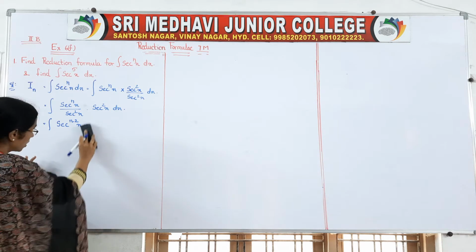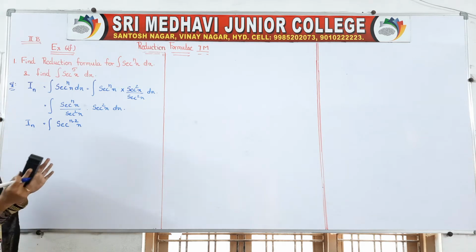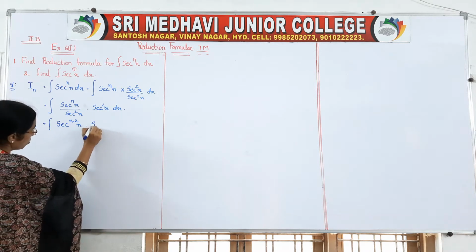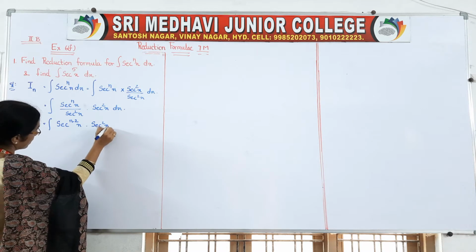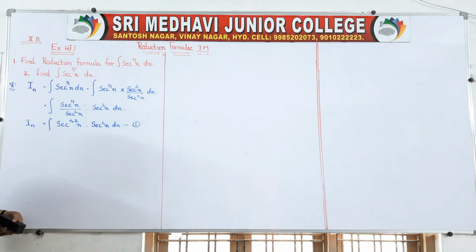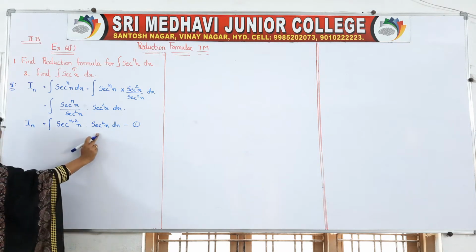But one more term is there now. After completing the entire function, we will write dx, so into secant square x dx. You consider this as first equation. Okay, so it is product form now, f of x into g of x form.